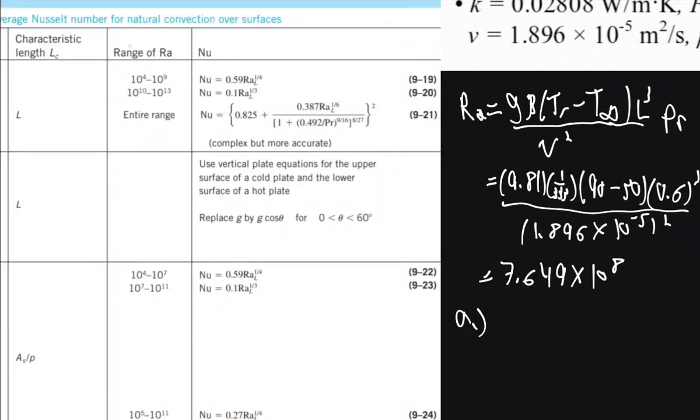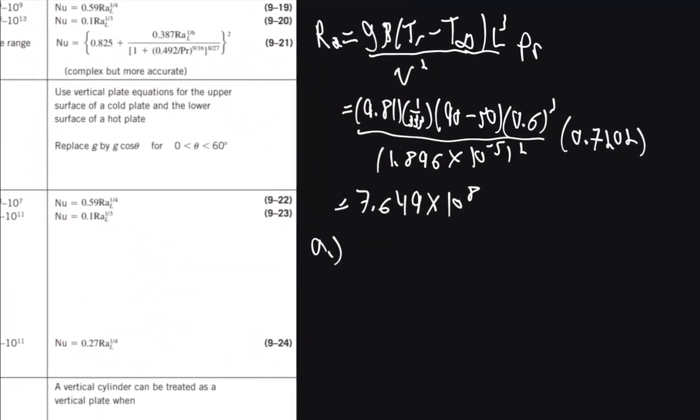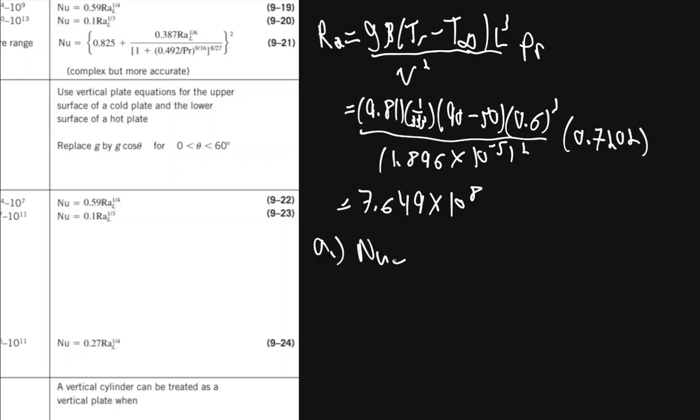So we could use this 10 to the 9 equation. So I think I'm going to check both of these just for fun. So the Nusselt number is 0.59 times the Rayleigh number to the 1/4. So here I got about 99.